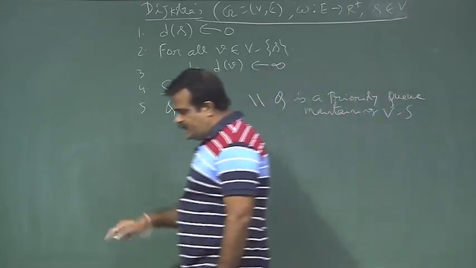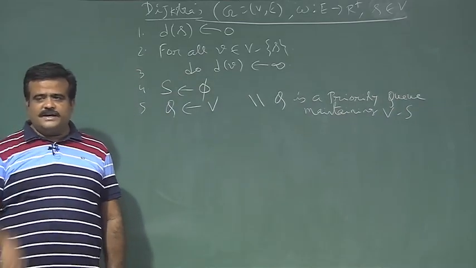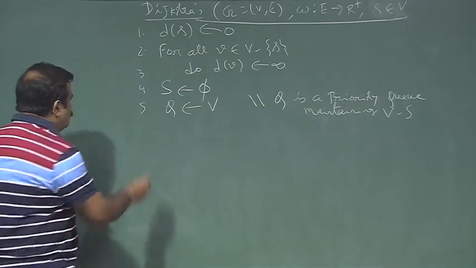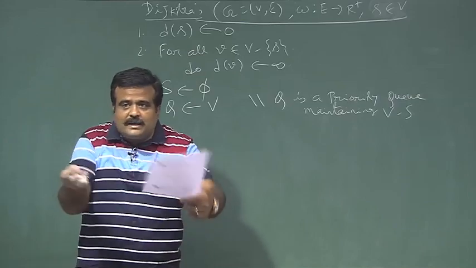This priority queue is keyed by the distance estimate of that vertex, and every time we extract a minimum from this queue until the queue is empty.